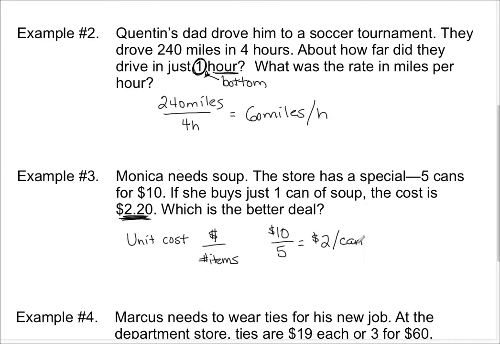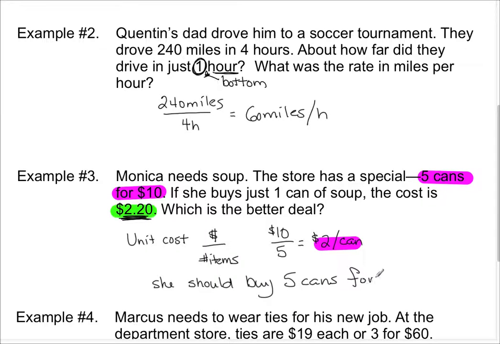Well, now let's have a look. This says that if she buys 5 cans for $10, she's actually paying $2 a can. And if she buys just 1 can straight up, she's paying $2.20. So she would be better to get the 5 cans for $10. So she should buy 5 cans for $10.